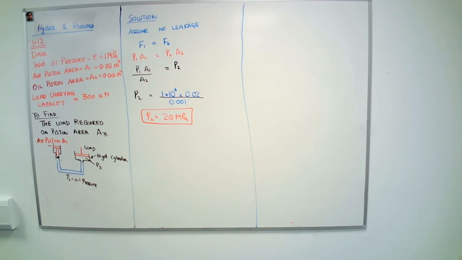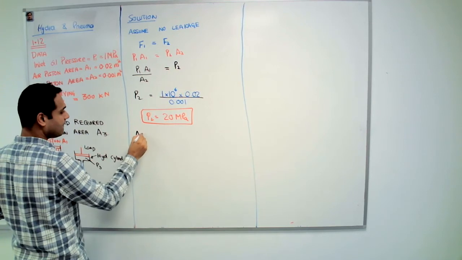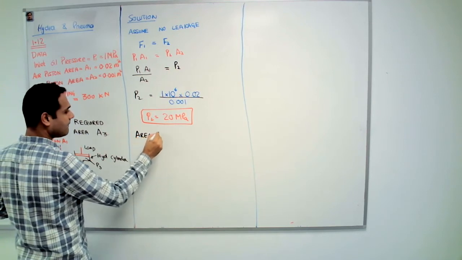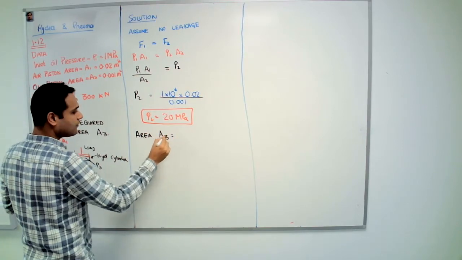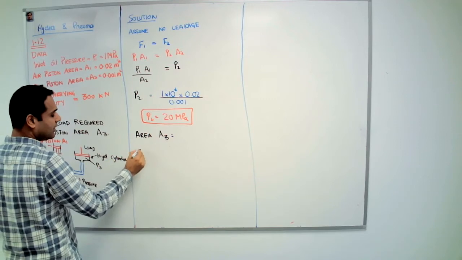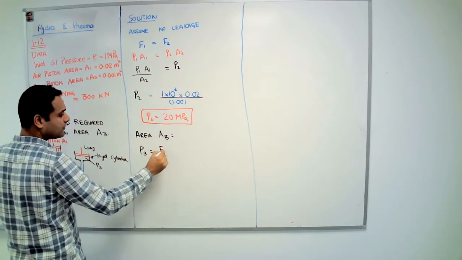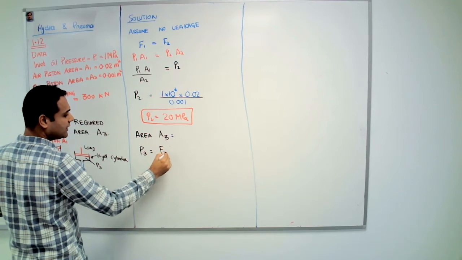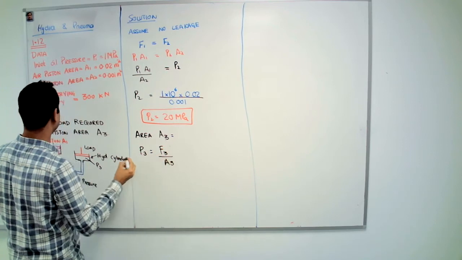So first what we need to do is find out the area 3. Now to find the area 3, we have a formula. Pressure 3 equals the force 3 over the area 3.